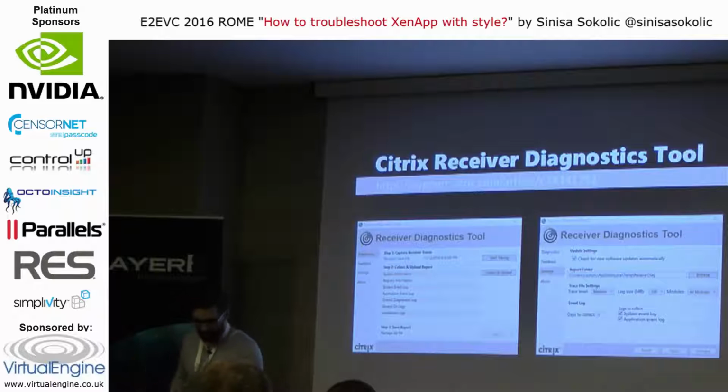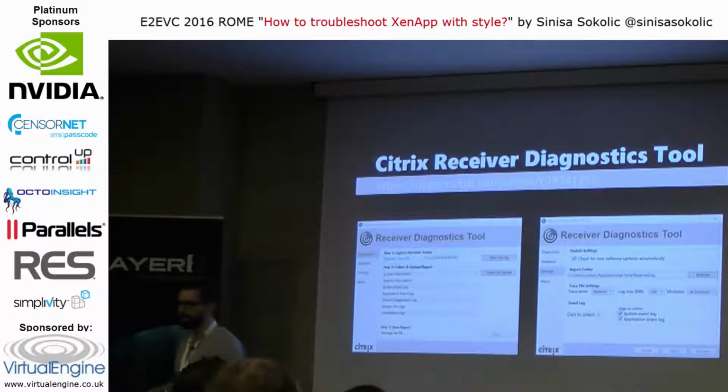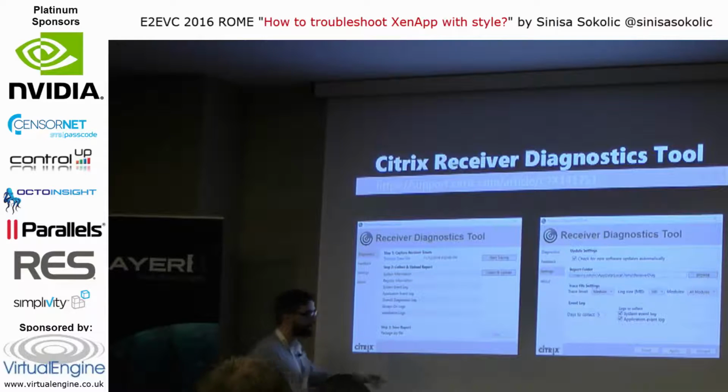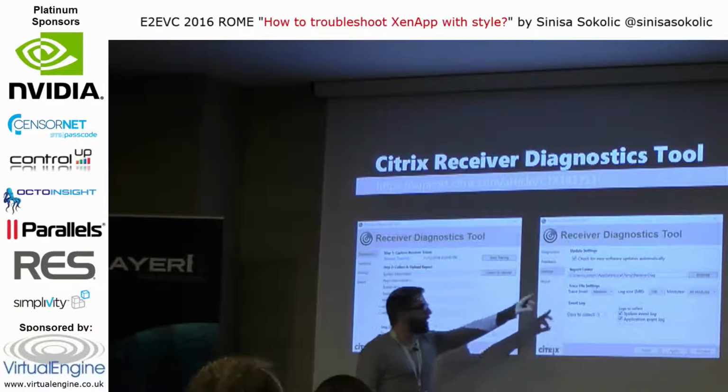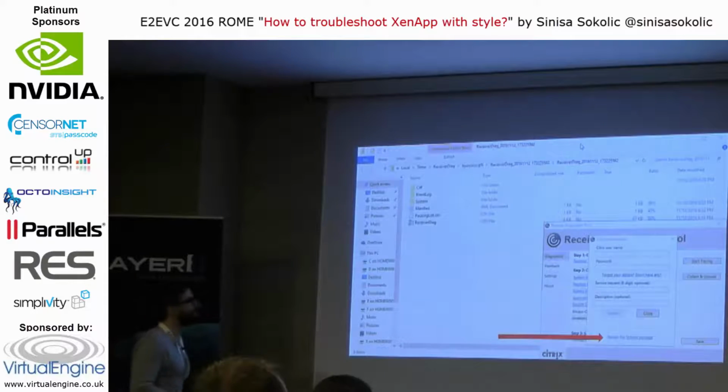So if you use that tool, and you copy it to your client or to your VDA if you're running Citrix Receiver on that, it's very handy to start a tracing process right before you start any application, and it will start to collect a lot of log files and event logs, if you like, into a package at the end.